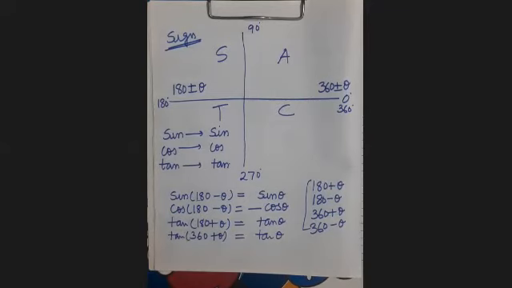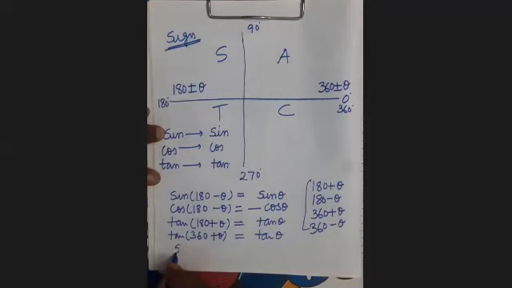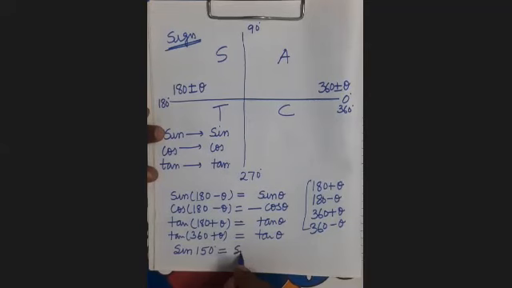Now see here. Suppose you have to determine sine 150 degree. How can you write sine 150? 180 में कितना subtract करें? 180 minus 30.